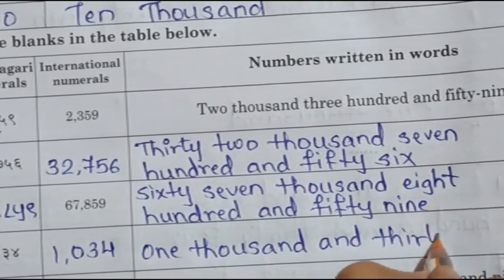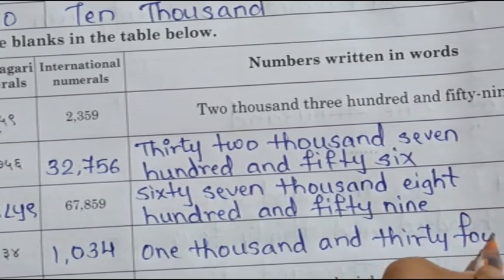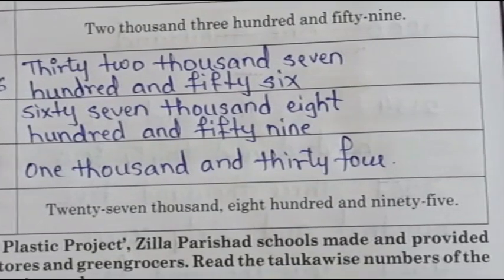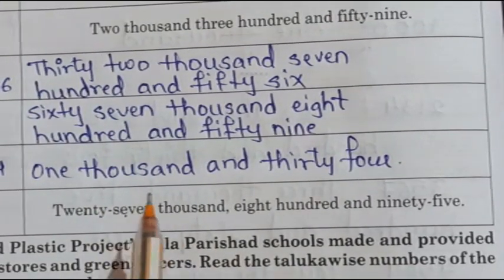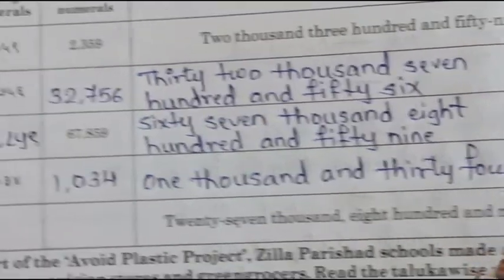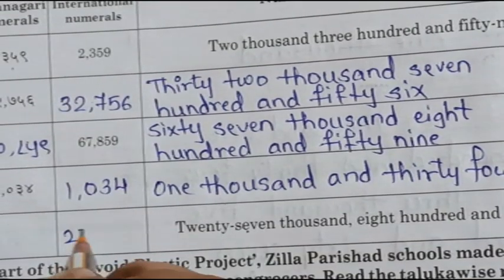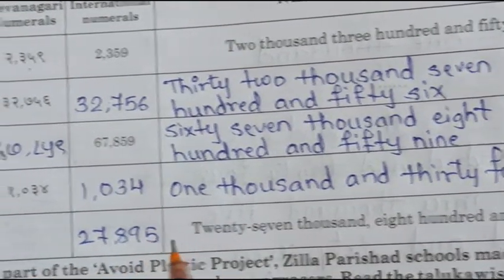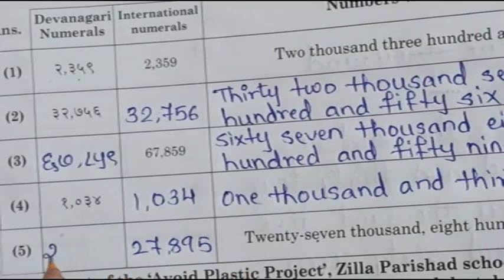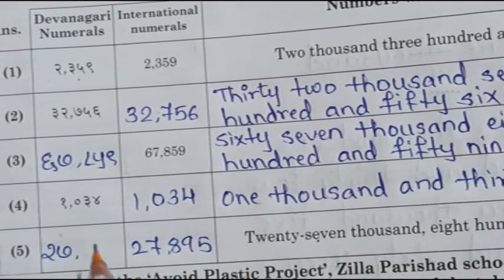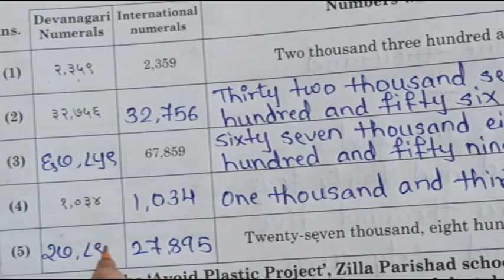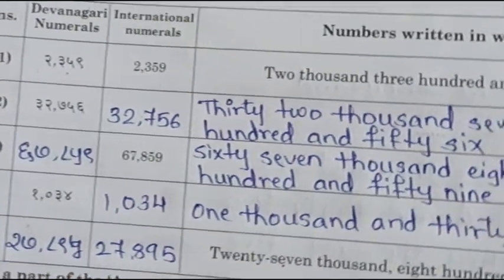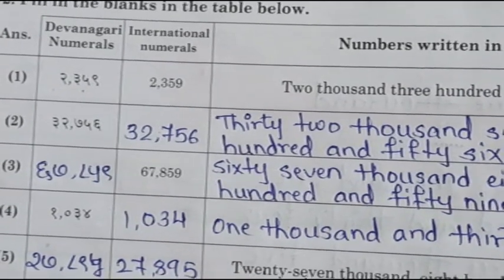Okay, now here the next question is what? 27,895. So how do you write it in Marathi? That is 27,895. Clear everybody? This is how you are supposed to solve question number 2.